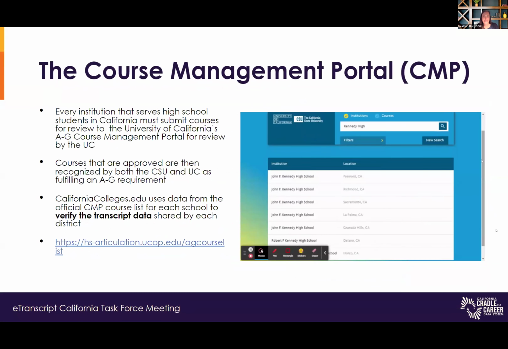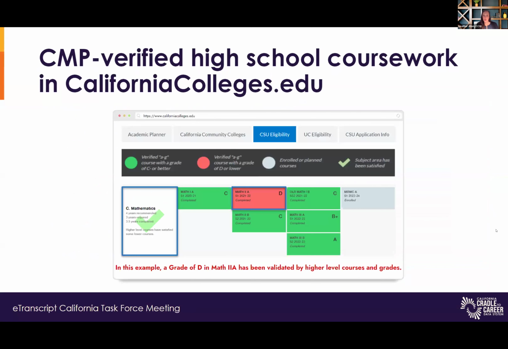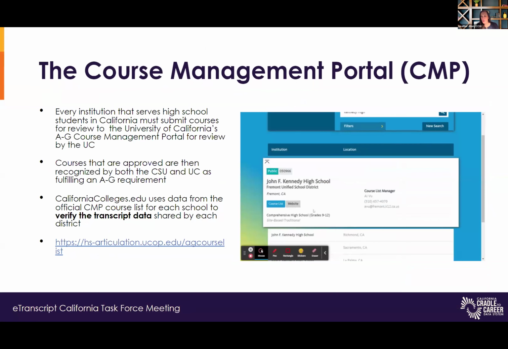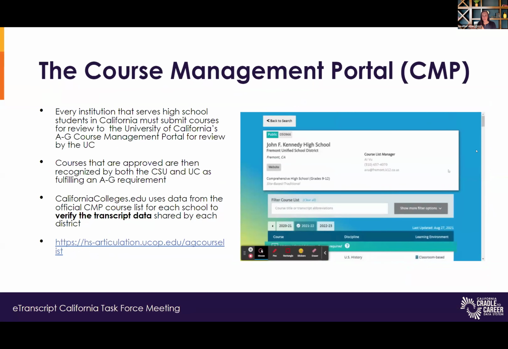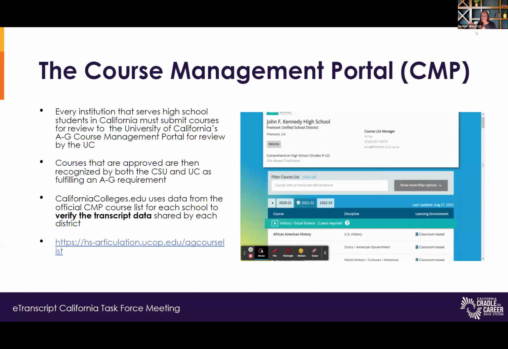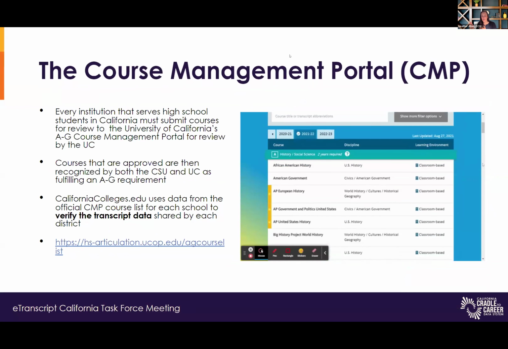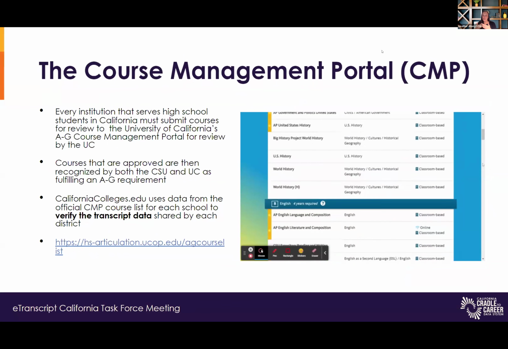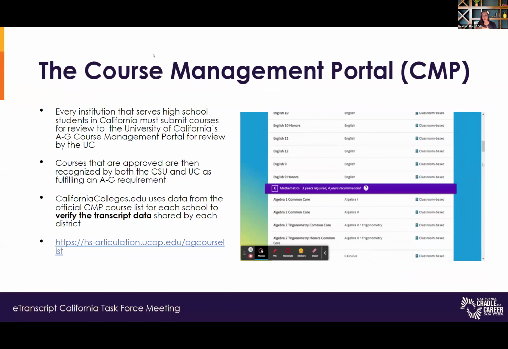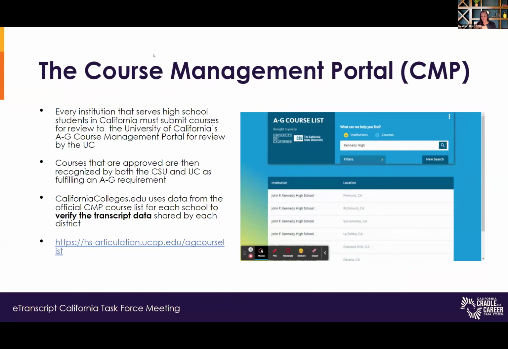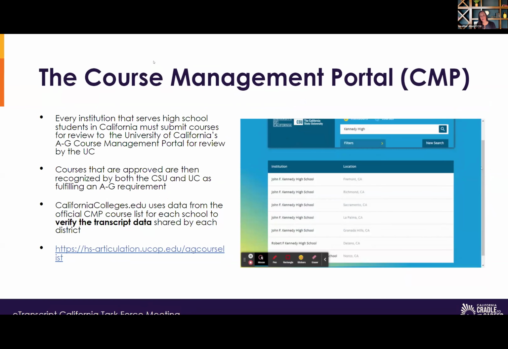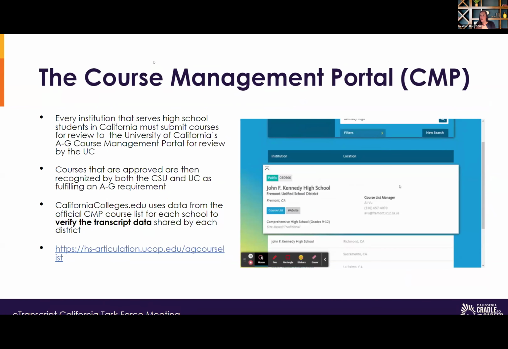All right, next slide. How our tools work. The way we're able to surface this information to students as fulfilling a requirement is that when districts send us information, we are checking it in the background against the UCOP's course management portal.